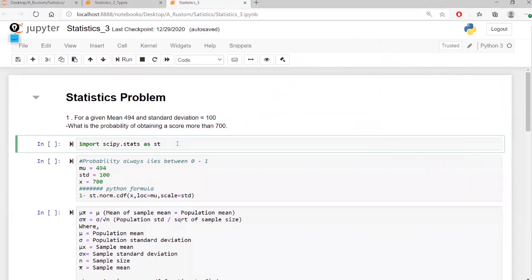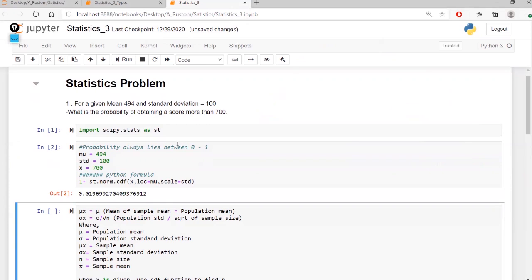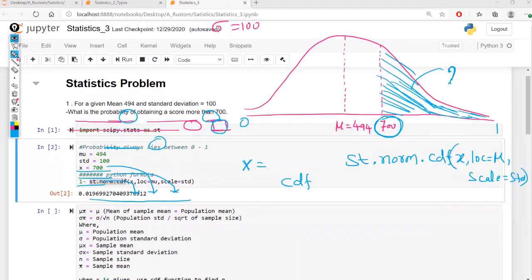I'm going to import this and execute a very simple formula. There is nothing complex involved. What I got is 0.019. 0.019 is the probability, and the probability always lies between 0 and 1.